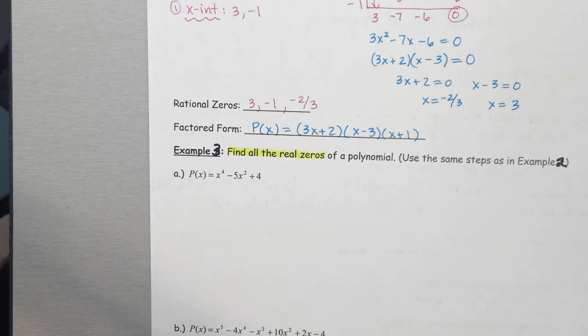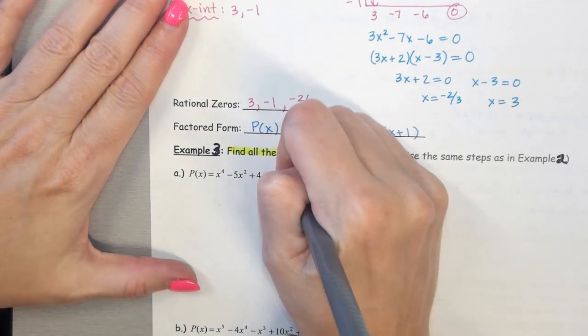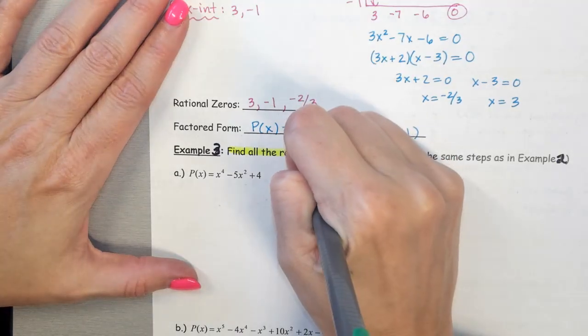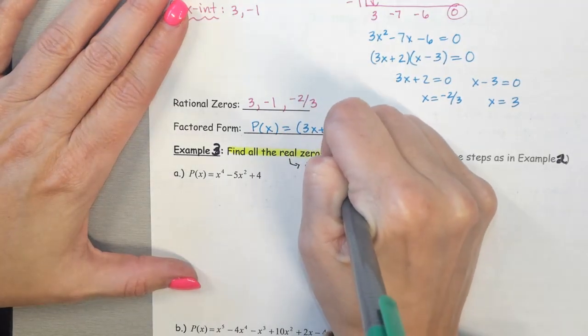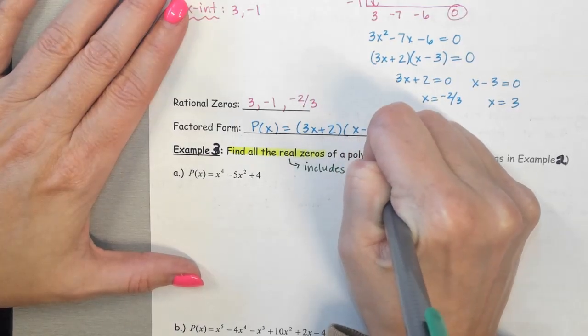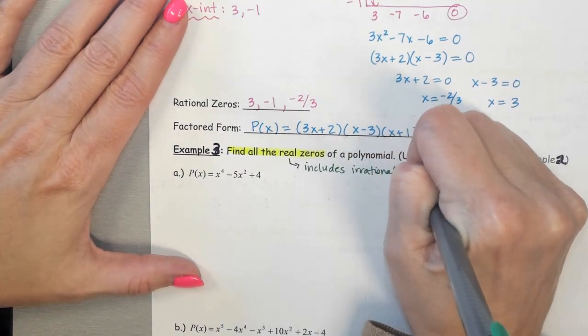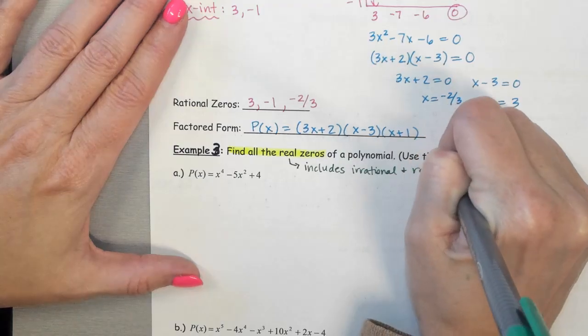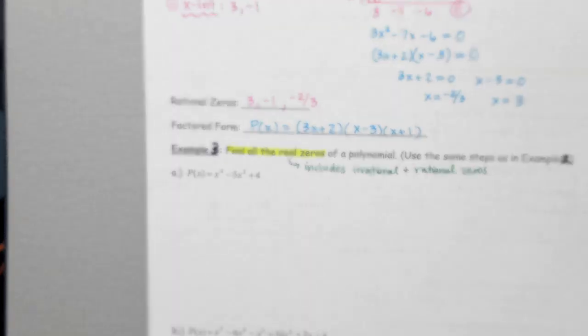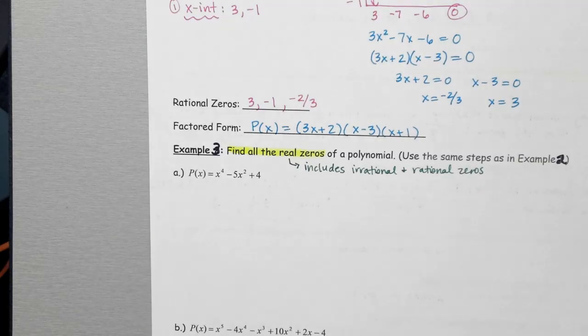Okay, so you're going to have values that you are not going to be able to determine just by looking at your graph. And that's because we are going to be writing the irrational zeros in simplest radical form.